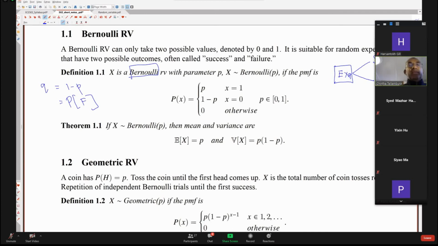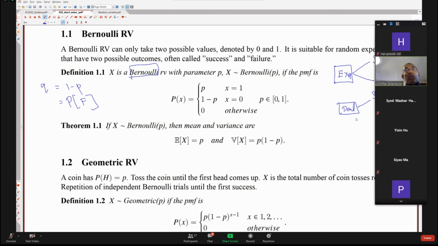Now, S and F are not literal. It doesn't have to be an actual success. For example, you can check whether someone is dead or not. If dead, we can observe dead. That is our success. That's not real in a literal sense, it is just a label. That's what I'm trying to say here.